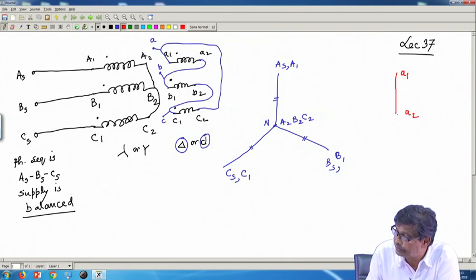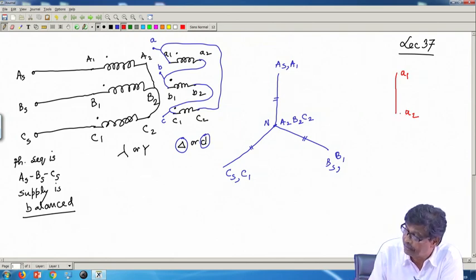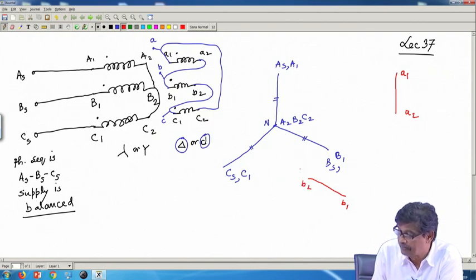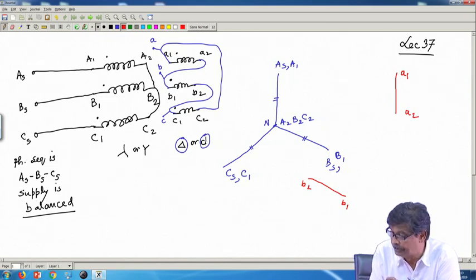B2 and A2 are shorted. Therefore, how to place this? So, b1 b2, and b1 is connected to a2. So, b1 b2 will be like this here. I am just drawing b1 b2 parallel to this, it is available, but I have joined a2 with b1.